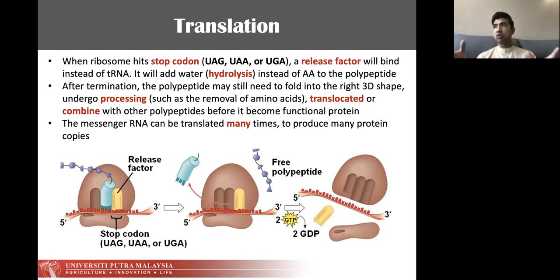Because there is no more glucose that needs to be converted from glucose to glycogen. So the mRNA responsible for making insulin will be degraded. That is one example.